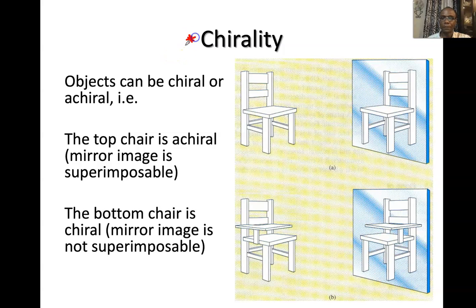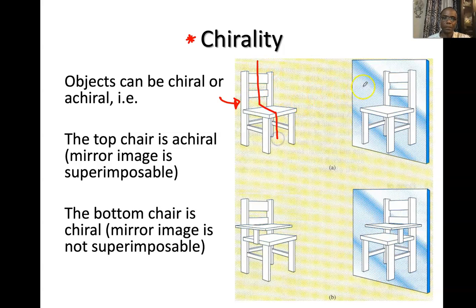So, what is chirality? Consider an object, for example, a chair. It's either going to be chiral or achiral. Now, if you look at this chair, you can cut it into equal halves from top to bottom.